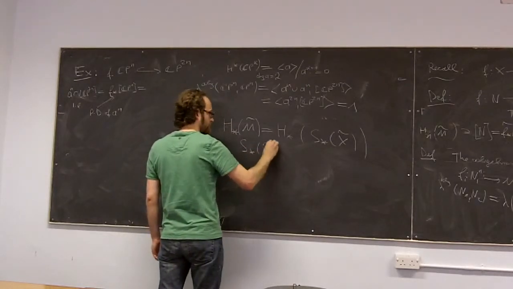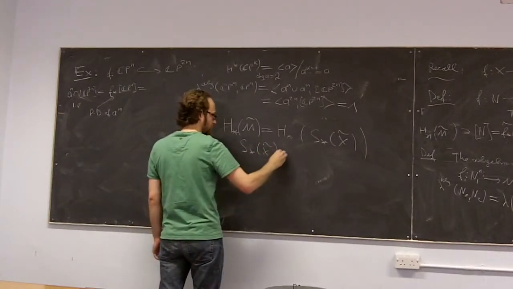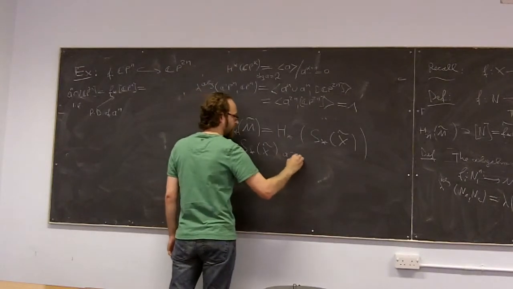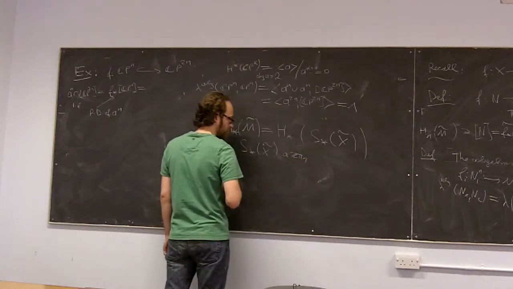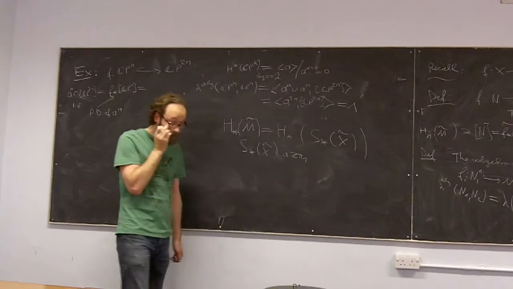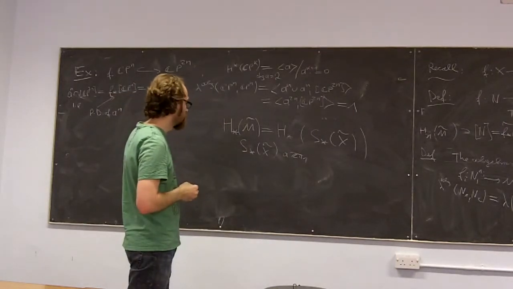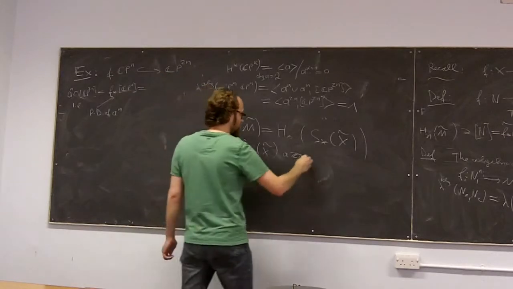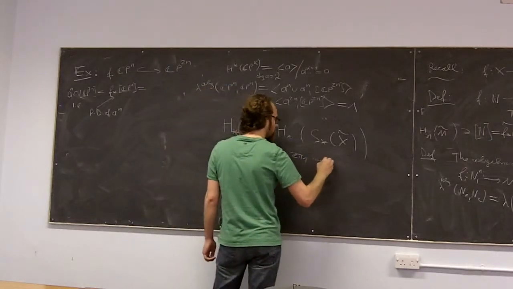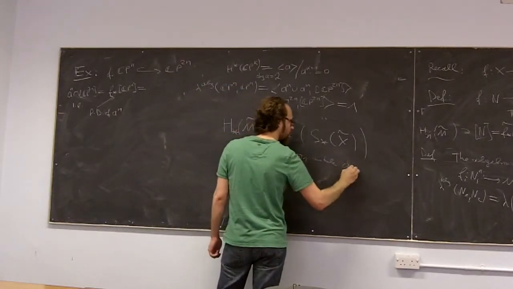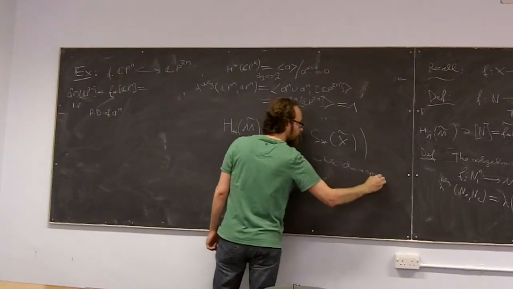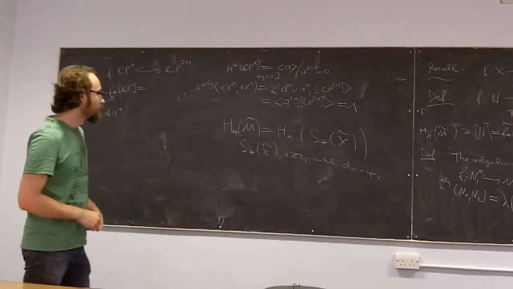And what is this? This is a Z pi 1 module chain complex. Does it make sense? But I mean, this doesn't answer the question.